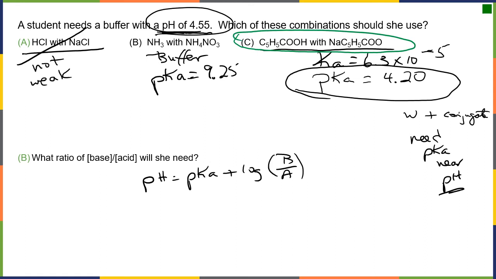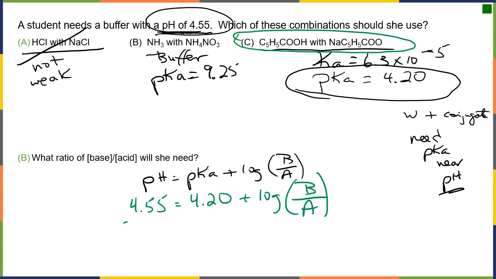So the question then is, if we want 4.55 and our pKa is 4.20, what is the ratio here of the base over the acid? Well, we can do the math. We take 4.55 and we subtract 4.20. We're going to get the ratio that this has to be. This is going to be the log of the base over the acid.